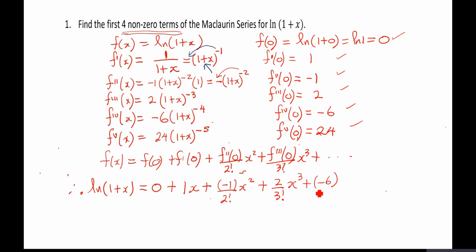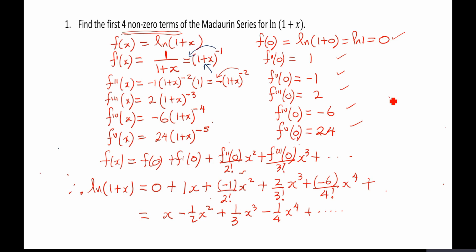Minus 6 over, yes, 4 factorial x to the power 4. I have 1, 2, 3, 4 non-zero terms. Don't need to write on the next one. And then simplify, I get x minus a half x squared plus 1 over 3 x cubed minus 1 over 4 x to the power 4. There is your series expansion for ln of 1 plus x.